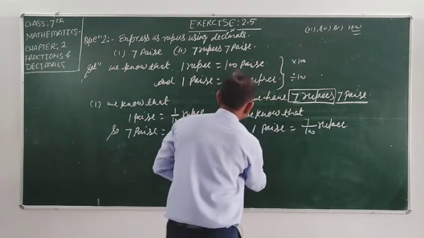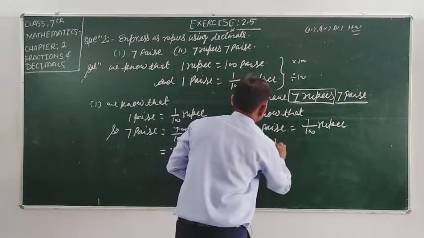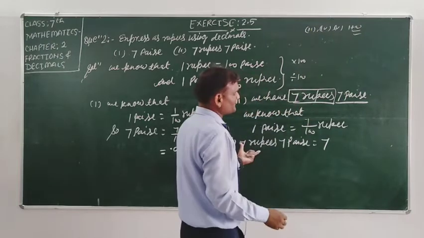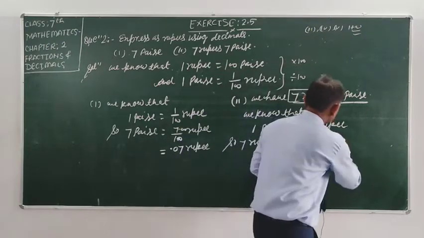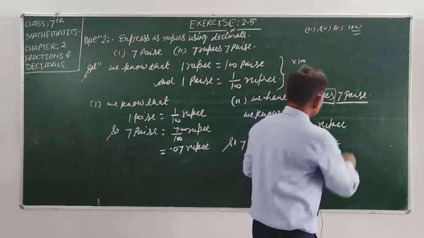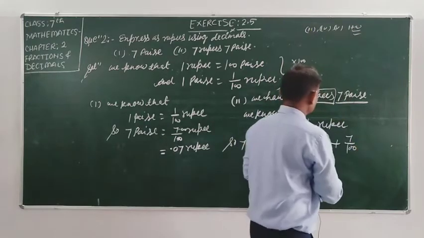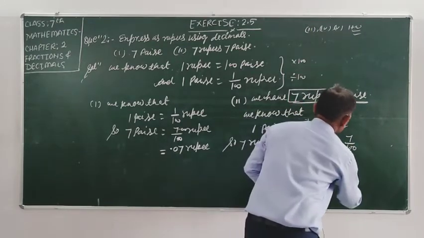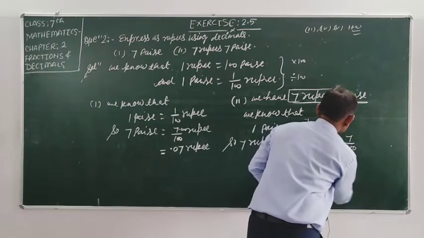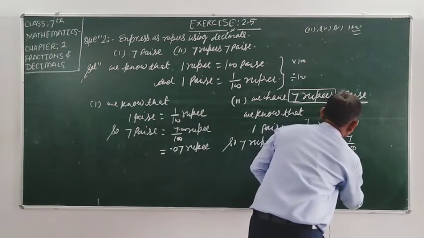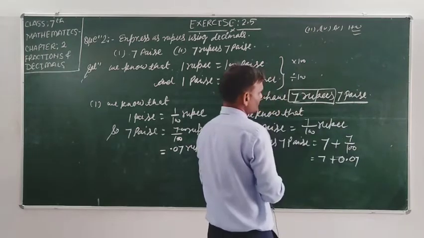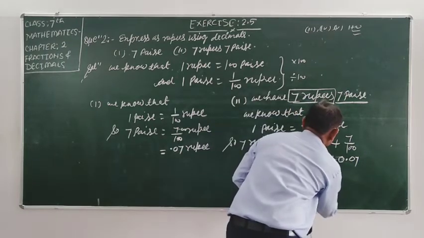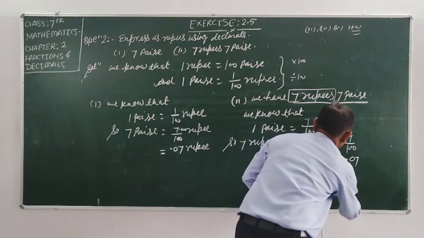So 7 rupees 7 paise is equal to, this is 7 rupees, you will write as same, plus 7 paise, 7 upon 100, and when you will divide 7 by 100, you will get 7 plus 0.07, and at this value student, 7.07 rupees.